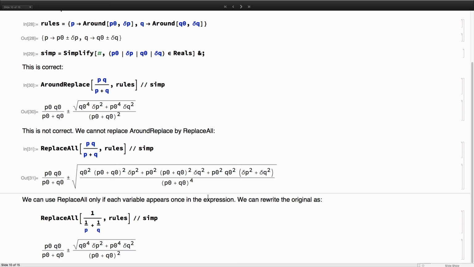So what's going on here? The difference is that, of course, again, we are considering that this P and this P are independent, but they are not because they are in the same formula. So if we write this expression as this other expression, in which P and Q appear only once, then we can do the computation with replace all.